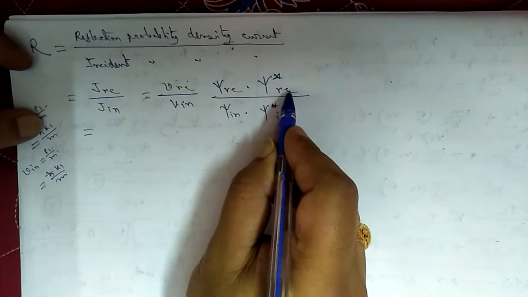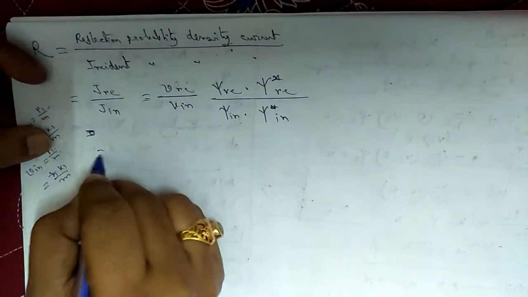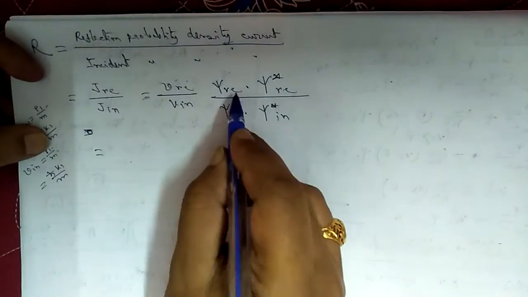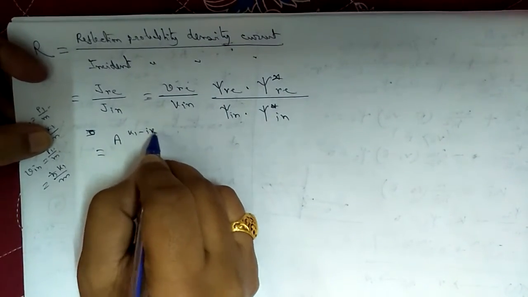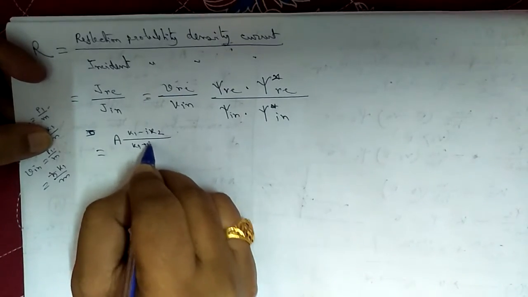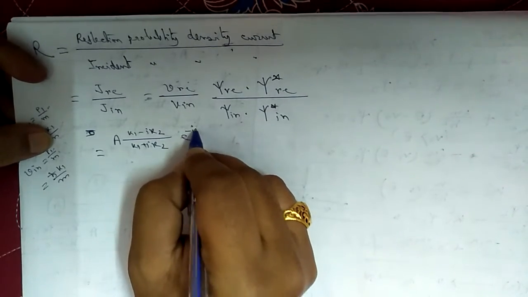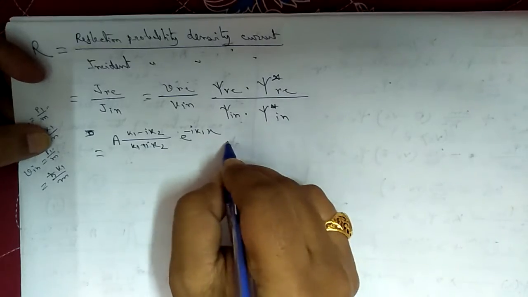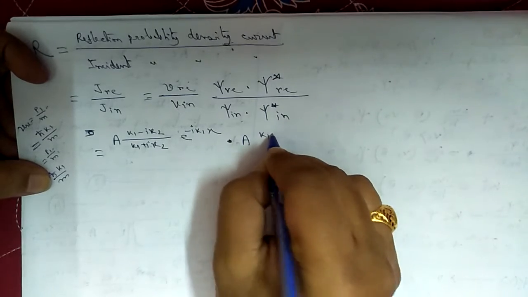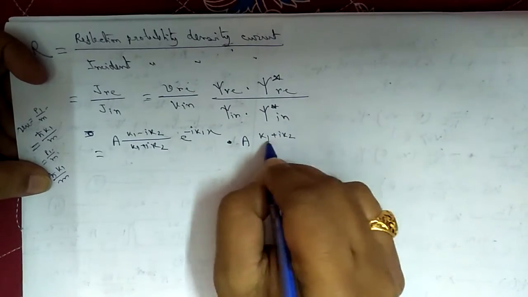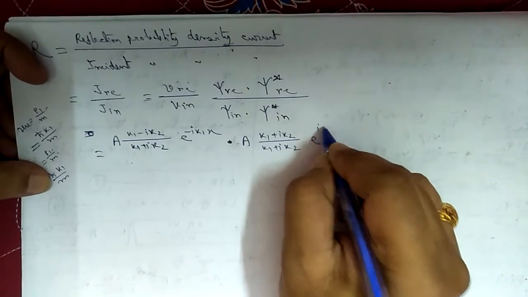If you put the values of psi RE and psi RE star, and psi in and psi in star, you will get it this way. Psi RE is A into k1 minus i k2 divided by k1 plus i k2 into e to the power minus i k1 into x. Now the complex conjugate is A into k1 plus i k2 divided by k1 plus i k2 into e to the power plus i k1 into x.